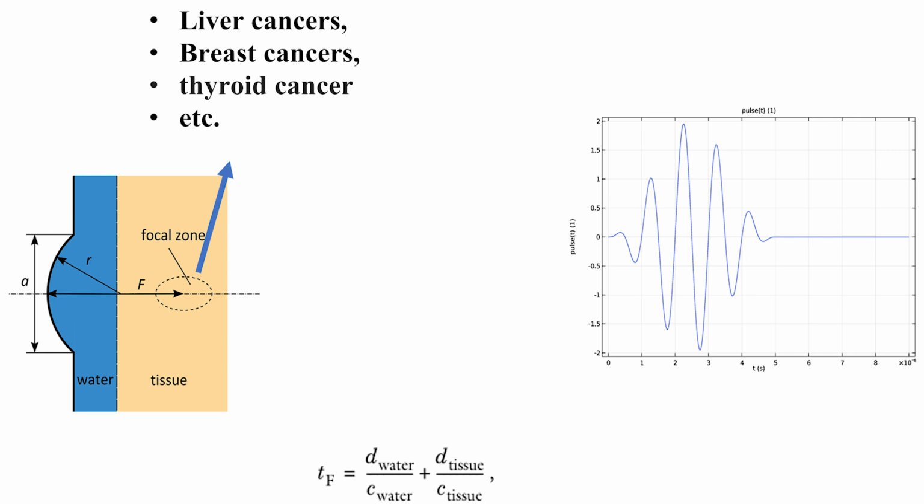The signal is a 5-cycle tone burst with the amplitude P0 that can be tuned. Here we use, for example, 0.1 megapascal, and the center frequency f0 is equal to 1 megahertz, as you can see here.